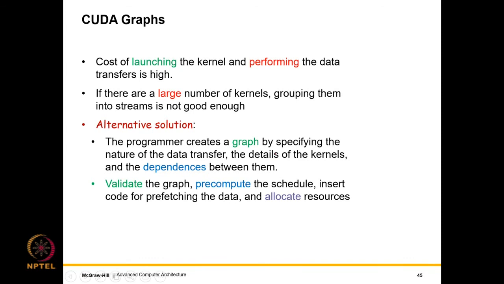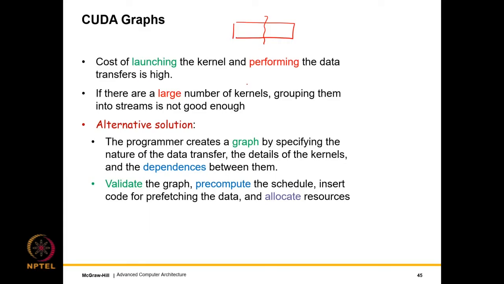Let us now introduce an even more elaborate construct known as a CUDA graph. So what we realize is that the cost of launching the kernel and performing the data transfers is high. That's the reason it's a good idea to divide, let's say, large tasks into smaller ones and schedule them.